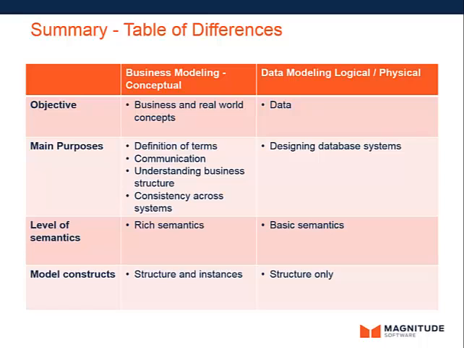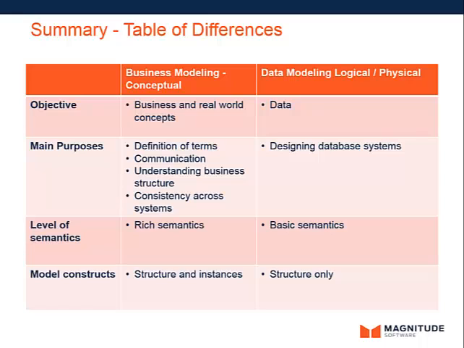So let me summarize. I talked about four things which are different. The objective: in a business model, we're talking about the business and the real-world objects and concepts. In a data model, we're talking about modeling data. The main purpose in the business model is the definition of business terms, communication between people within the business and in IT, understanding the business structures, and consistency across the IT systems.